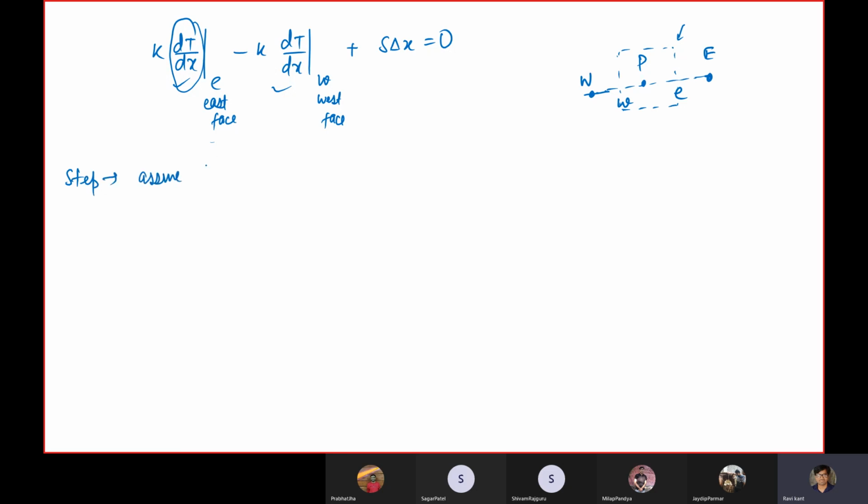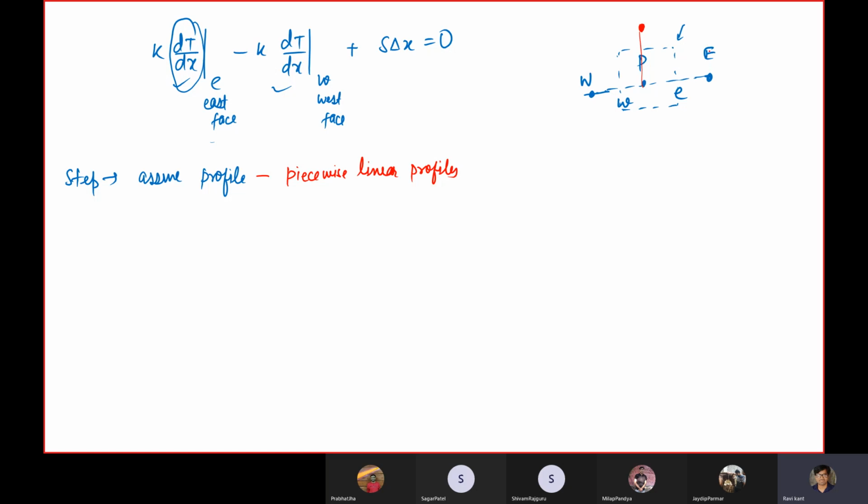So the next step is to assume a profile for my variables. What people have done is take piecewise linear profiles. What I mean is that my pth variable has a certain height.